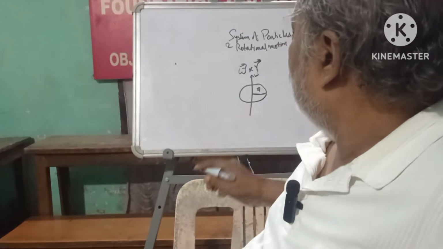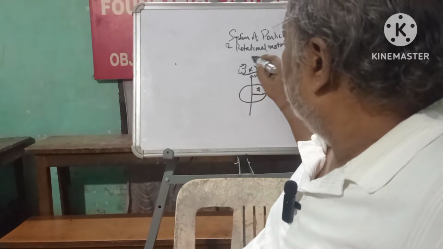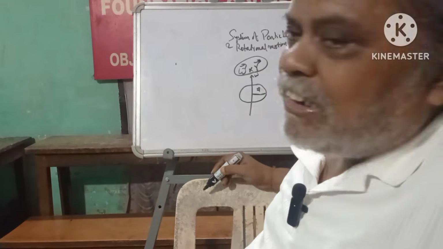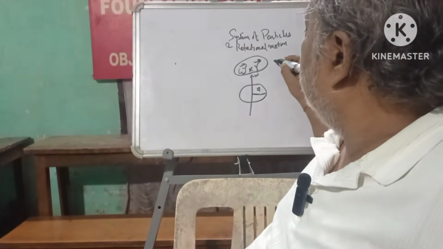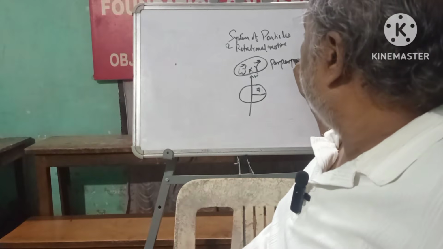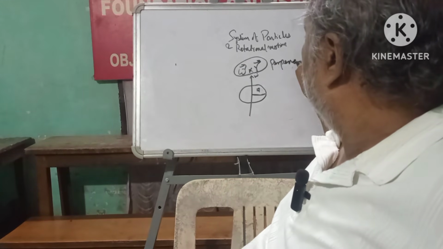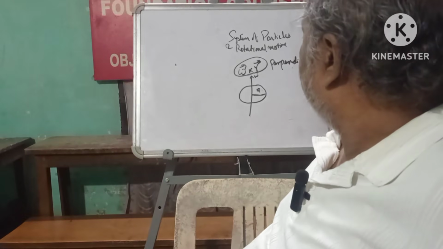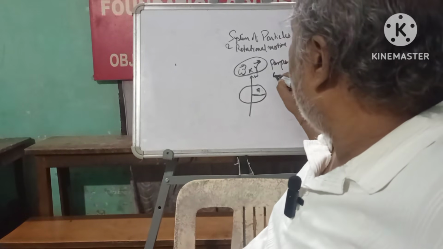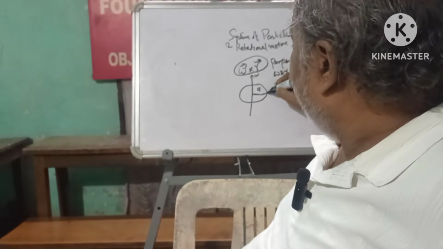So omega cross r. This vector must be perpendicular to omega and r. So that will be the tangent here.